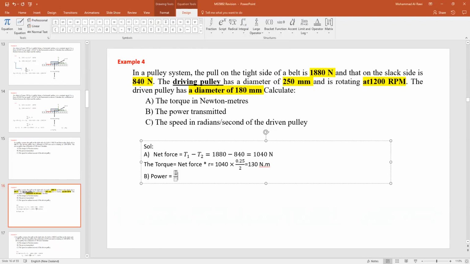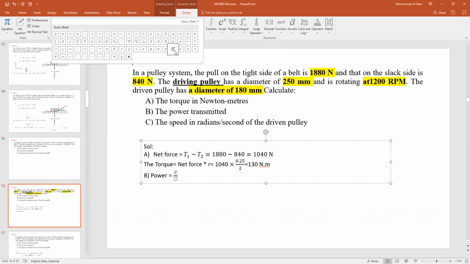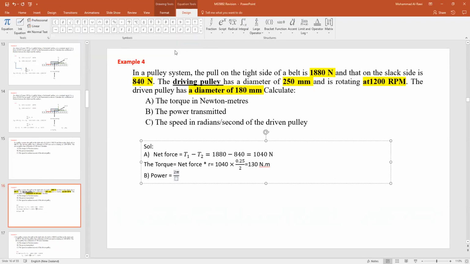It looks like 2 pi times the speed, which we represent by N, which is 1,200 RPM, revolutions per minute, times the torque we're trying to find, divided by 60. Why 60? Because we are converting from revolutions per minute to revolutions per second.